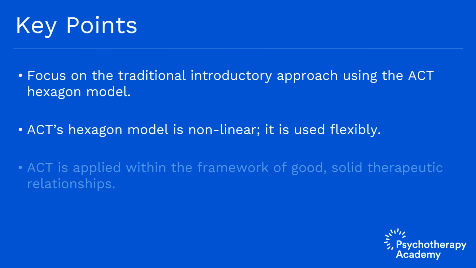And 3, ACT is applied within the framework of good, solid therapeutic relationships, and therefore what you do as a therapist, as long as it is effective, is likely to blend very well with the acceptance and commitment therapy model.